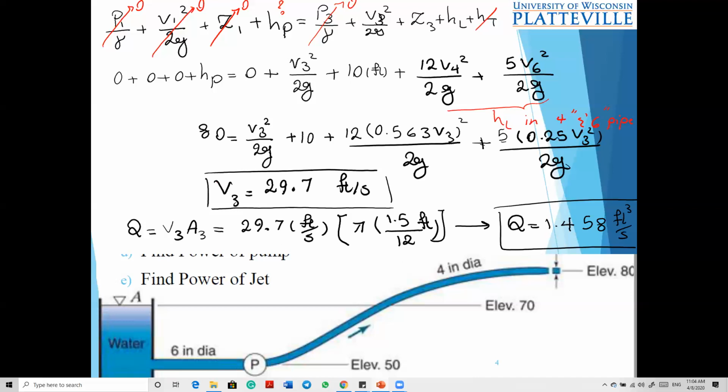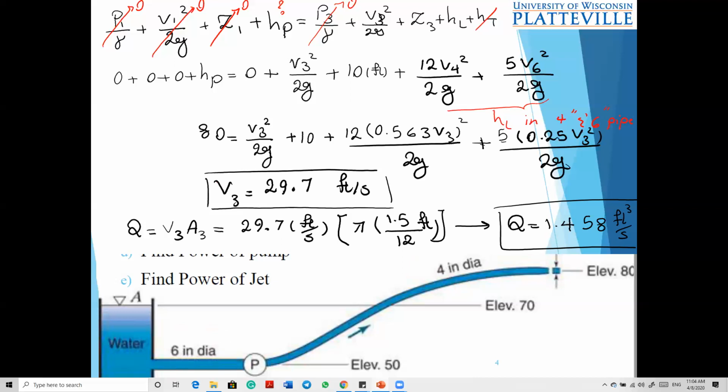All right, now we have the flow rate and the velocity. So with the velocity at the 3-inch diameter, I can find the velocity at the 4-inch diameter and also the 6-inch diameter.